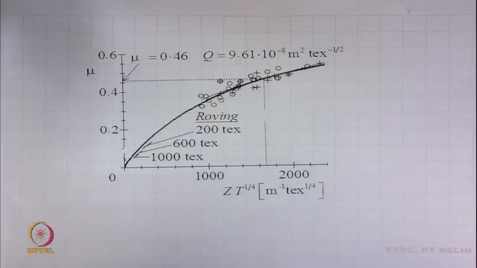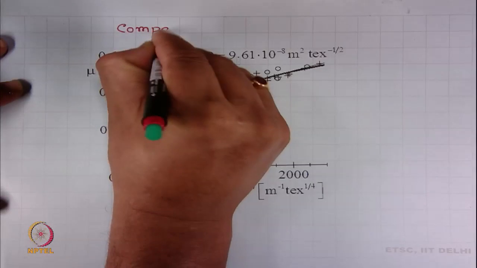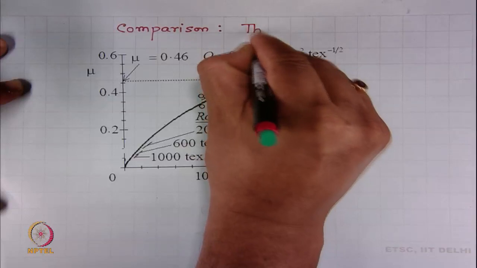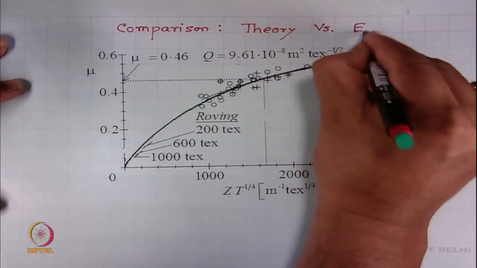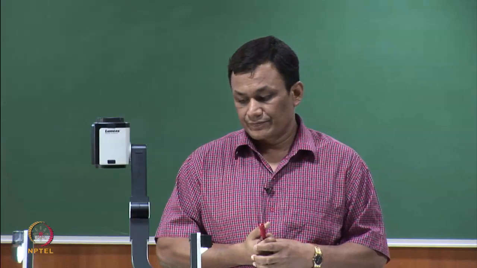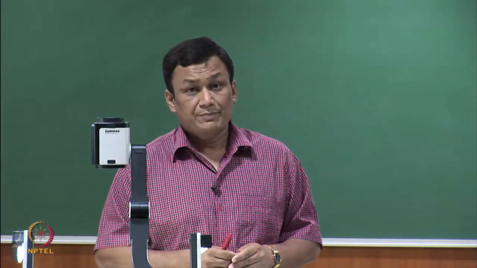This is the comparison between theory versus experiment. So, a lot of yarns, also rovings, were prepared.